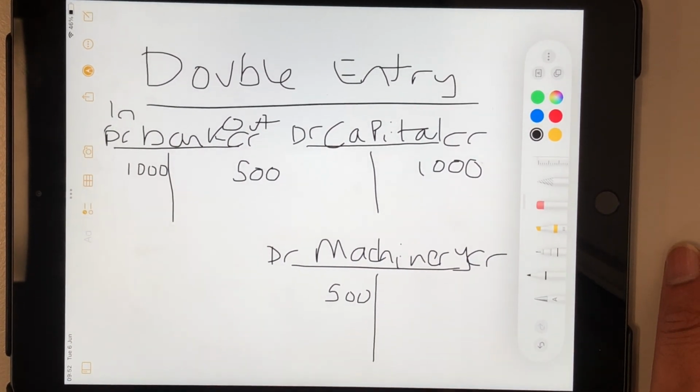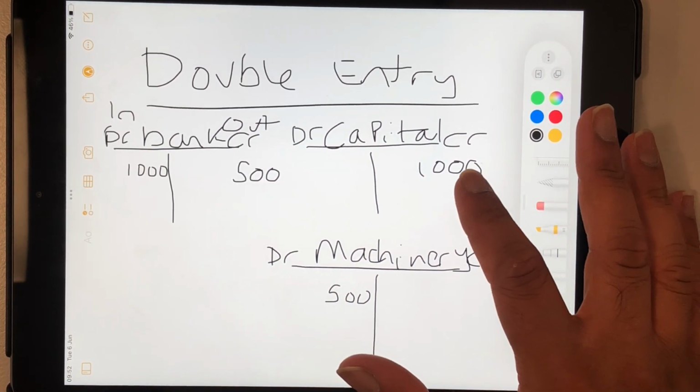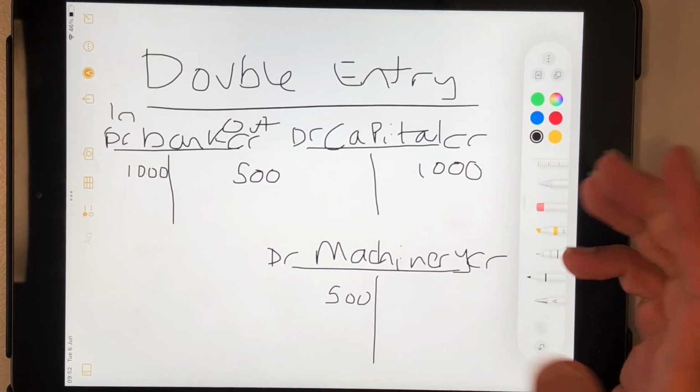It's a bit like when you go shopping, you might have £100. You might spend £10 of that on junk food, crisps and chocolates. You might spend £10 on dairy products. You might spend £20 on cleaning products. But you know that you had £100 to start off with. Where has it gone?